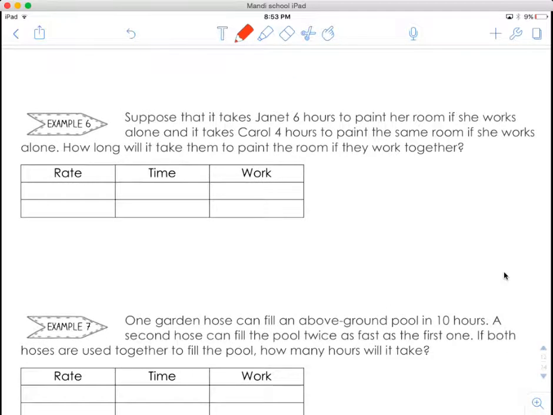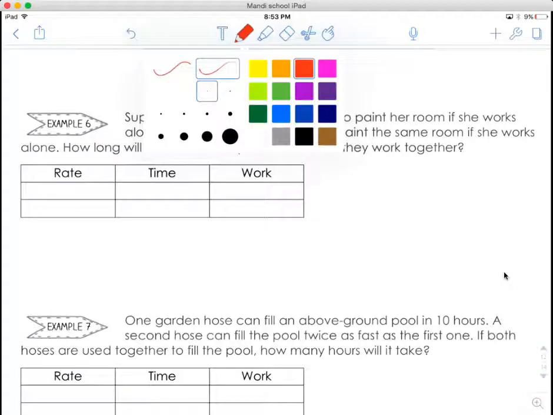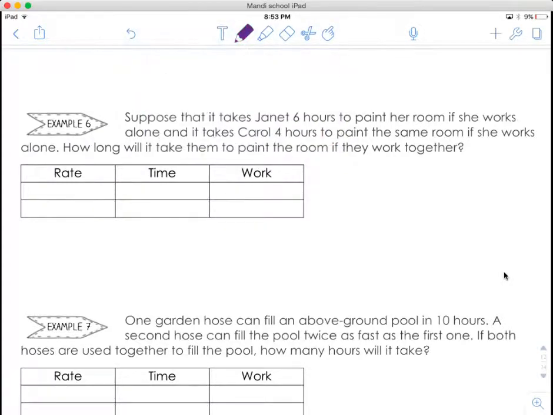So let's look at our next problem here. Suppose that it takes Janet 6 hours to paint her room if she works alone, but it takes Carol 4 hours to paint the same room if she works alone. How long if they work together?